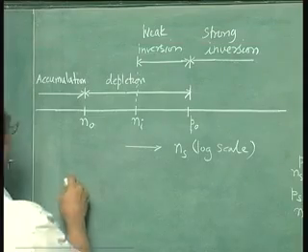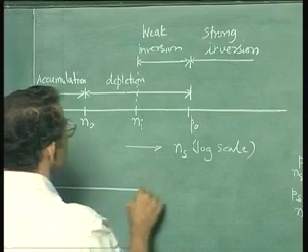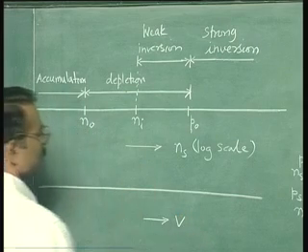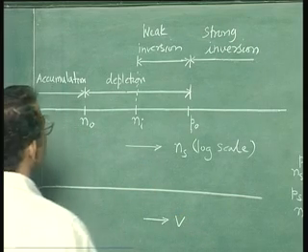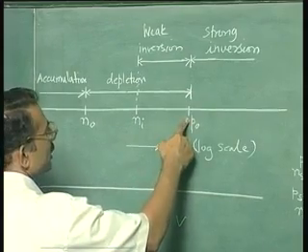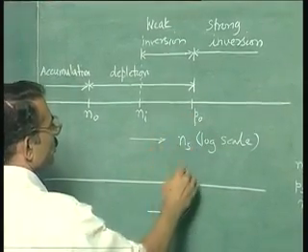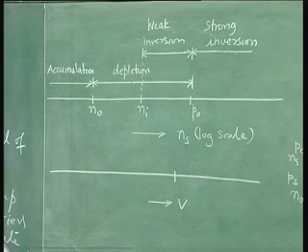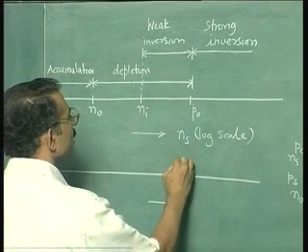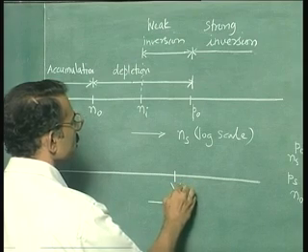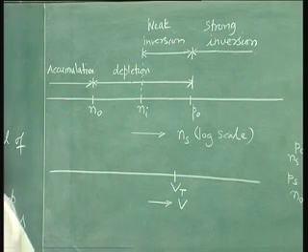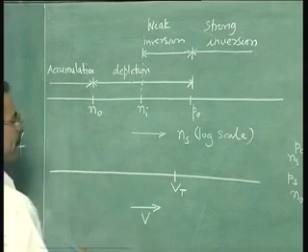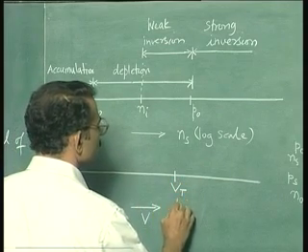So for example, in terms of voltage, if you show this is V, that is the gate voltage, then this point when Ns becomes equal to P naught is said to be the threshold point, and this voltage is called the threshold voltage. So this is threshold voltage.